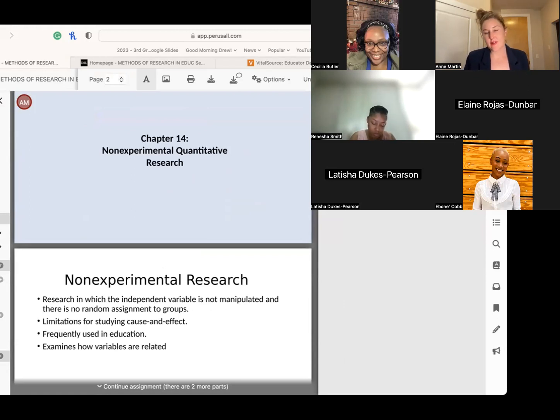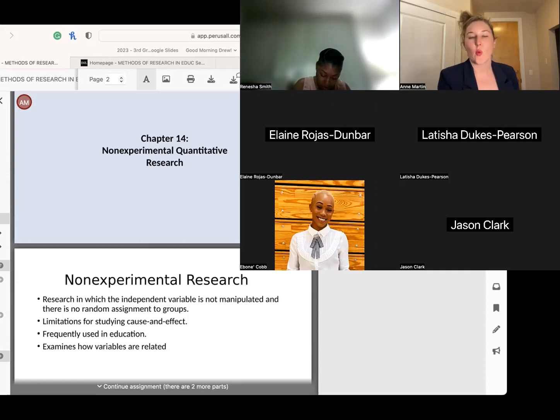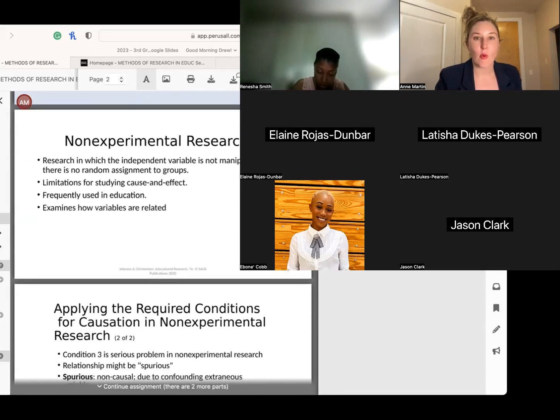So that means the independent variable could be something that's predetermined, such as a student's grade level. They can't change what grade they're in, so you can't really manipulate it and make a fifth grader an eighth grader for the study. So non-experimental research is for all of those instances where we cannot manipulate the independent variable. So that's the key point you need to know: it does not involve manipulation.